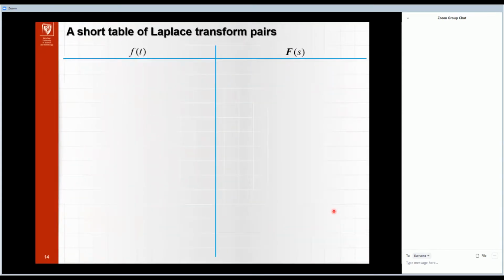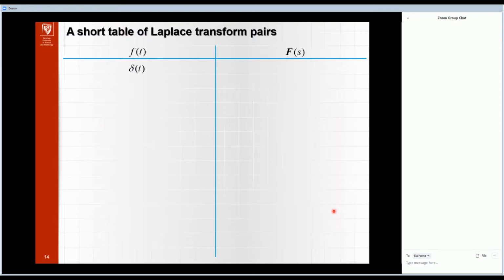Okay, so now I will show you the short table of Laplace transform pairs. Of course, you cannot remember all these functions. You can use some notes for this function per transformation pair.